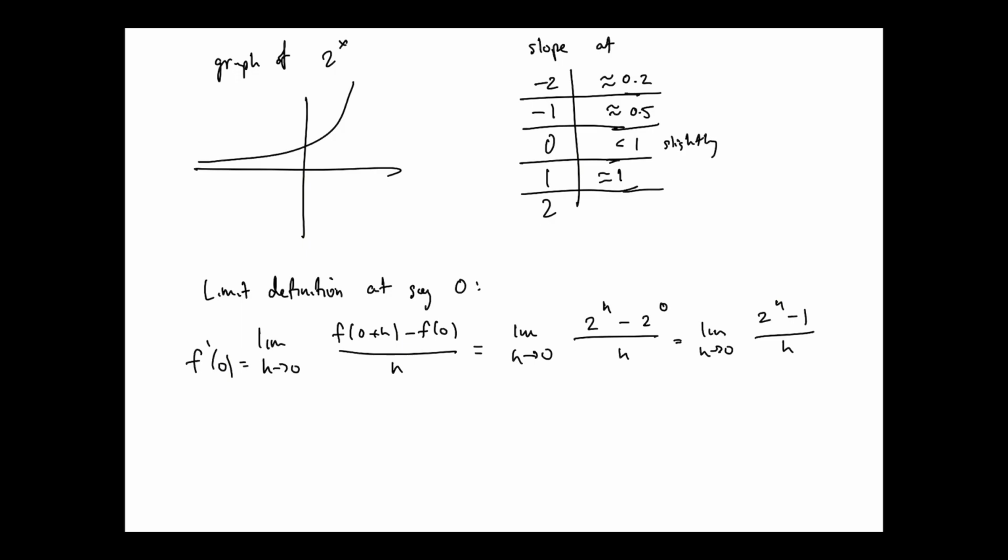All right, well, how could we figure this out exactly? Well, what does the limit definition say? Let me just do this at, say, 0 for the sake of example, but we could compute this limit and see what we get. Now, there's a problem.